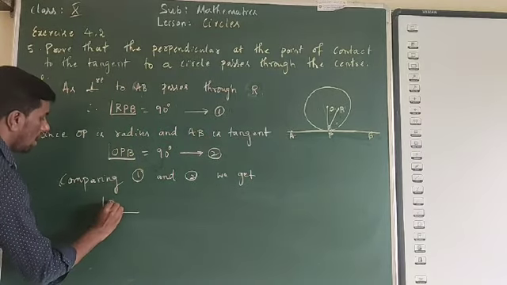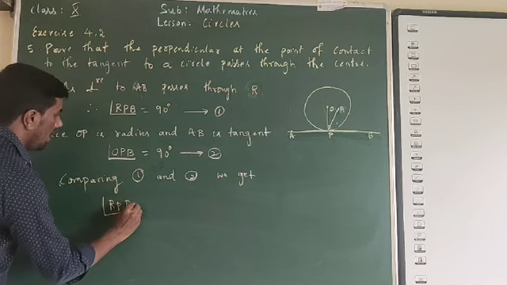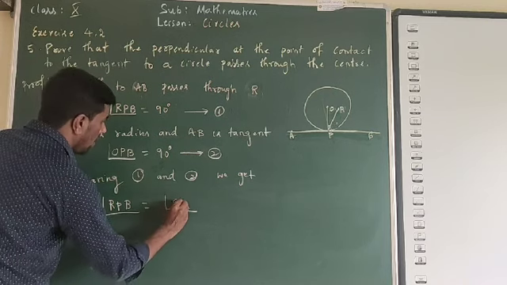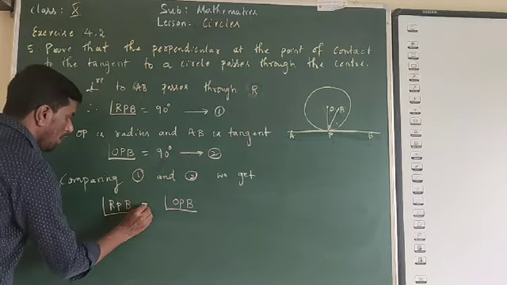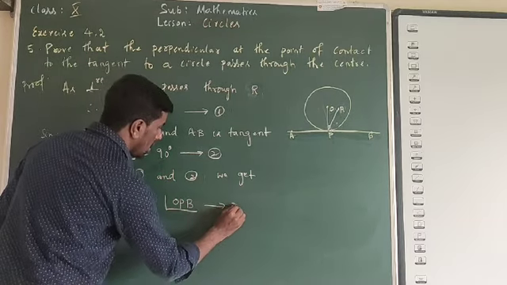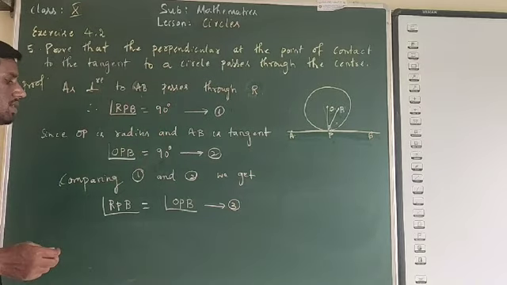That means angle RPB is equal to angle OPB. Call this equation 3.